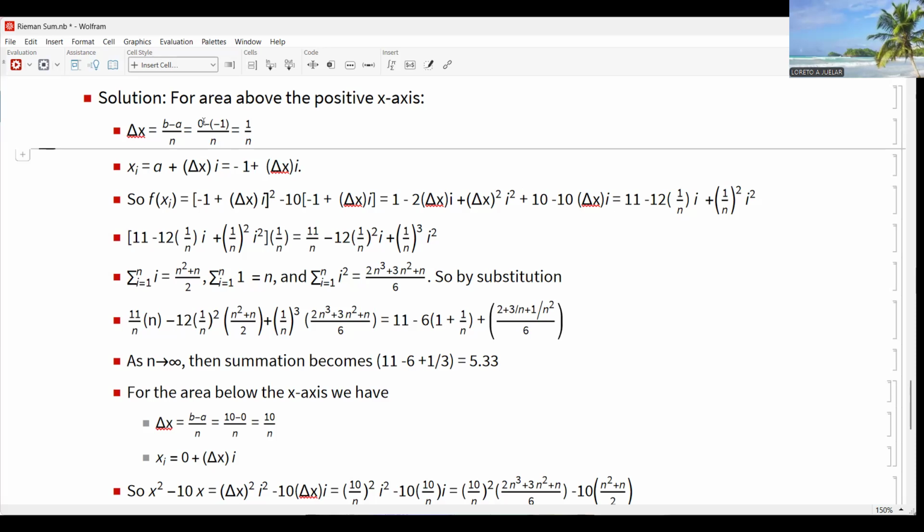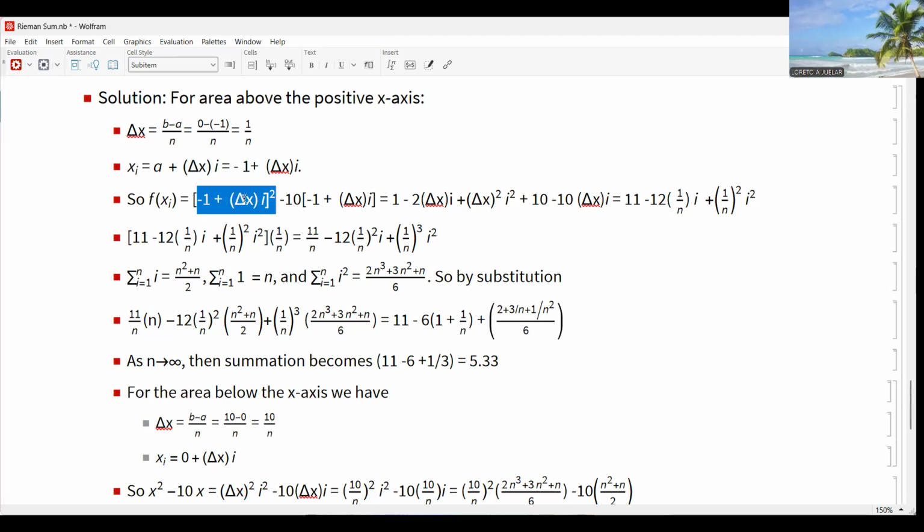The upper value here is equal to 0. This is for the positive value of the area above the x-axis. All right, so here you have negative 1 times delta x times i. So using f of x equals x times x minus 10, so we have here minus 10.